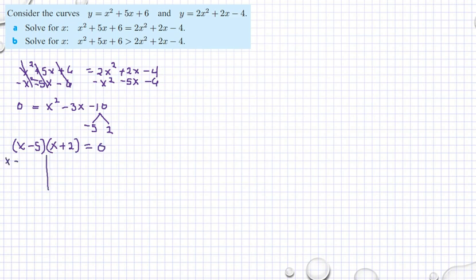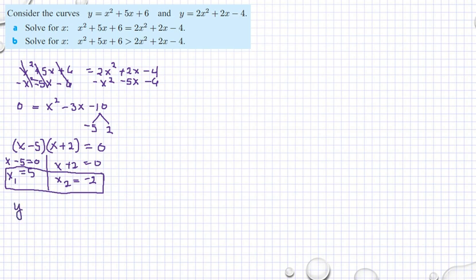Then x minus 5 is equal to 0, and our first x is equal to 5. x plus 2 is equal to 0, and our second x is negative 2. We're going to find y also, the coordinates. We could just solve for x, but we're going to solve for y also.